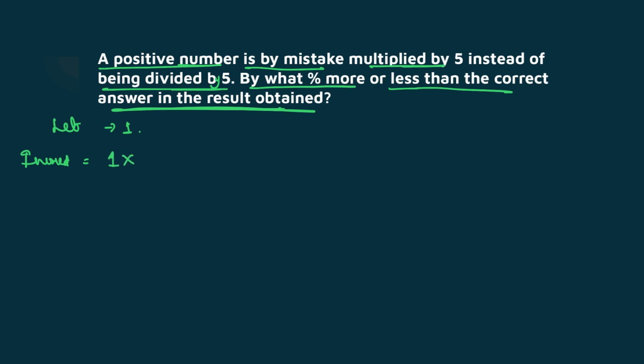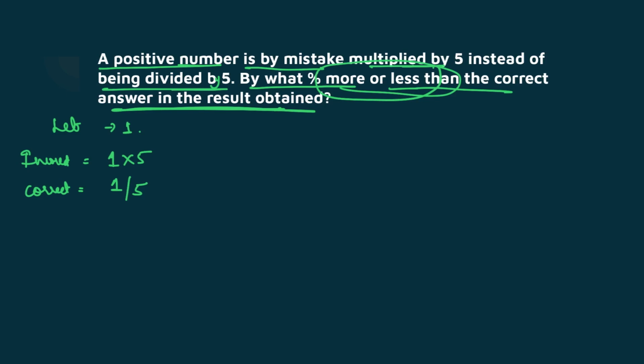So 1 into 5 is the incorrect value and the correct value is it should be divided by 5. So you can observe some change in the question from the previous question. So here it is asked as more or less than the correct answer. More or less means it is an error.